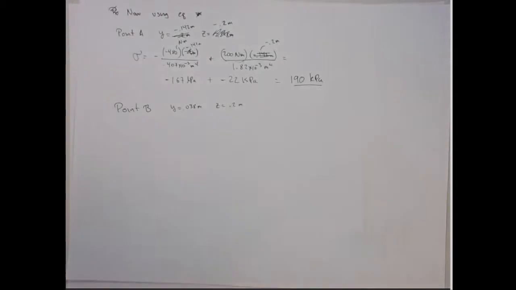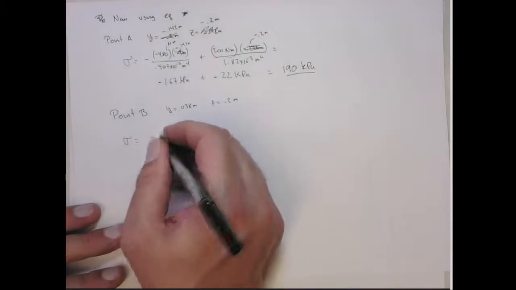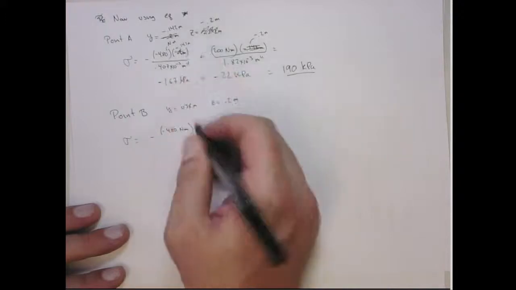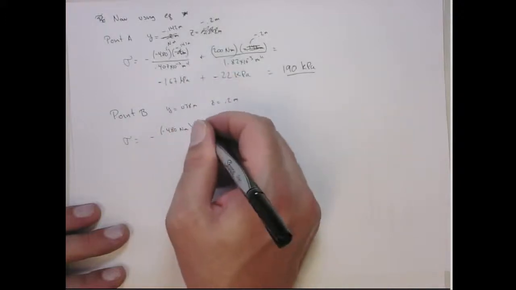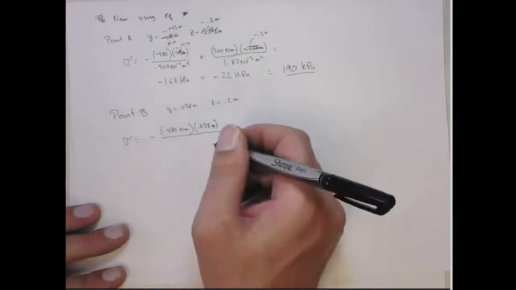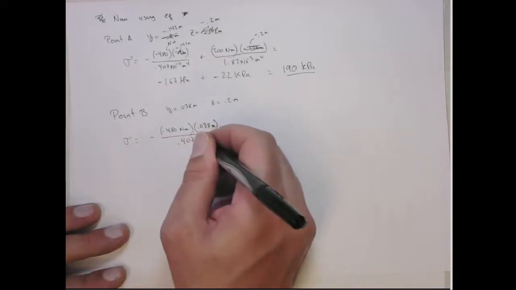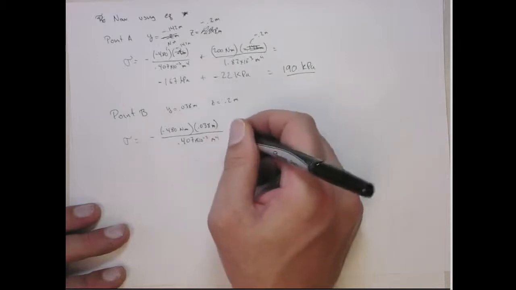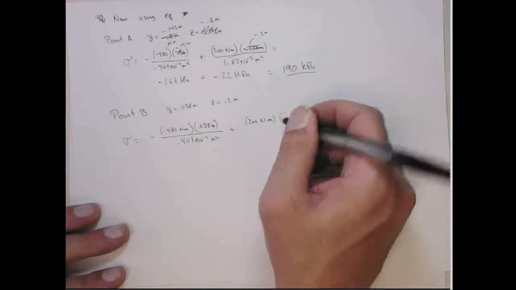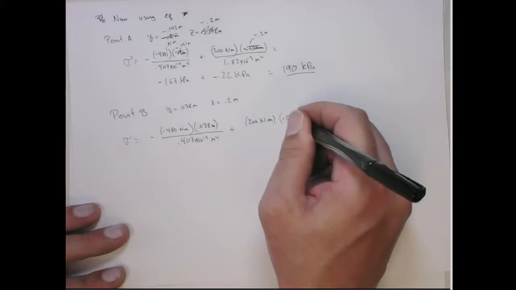Now at this point, the stress is again minus 480 Newton meters, but then we put in here for y 0.038 meters, and for the Iz it's still the same, 0.407 times 10 to the minus 3 meters to the fourth, plus 200, that's the same, but the only thing different here is we put in for z 0.2 meters. It's actually the same value.